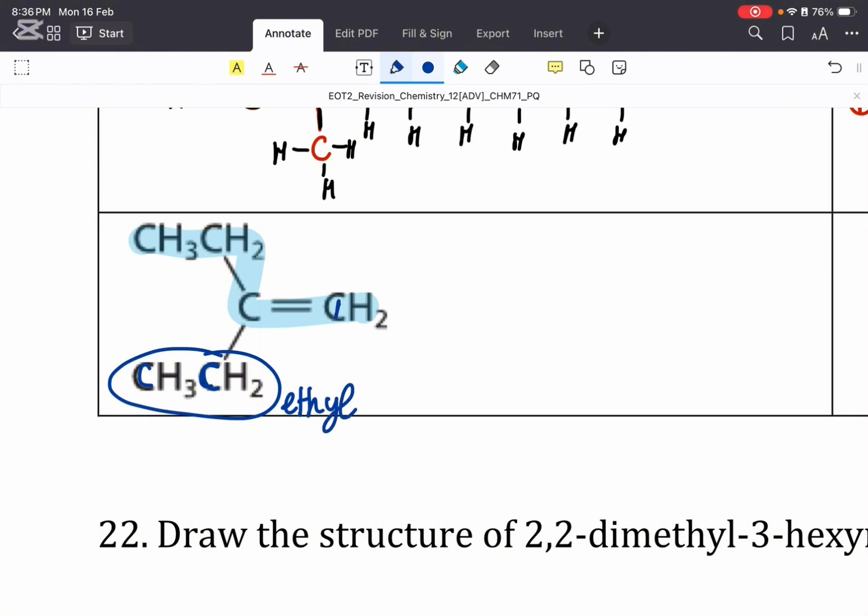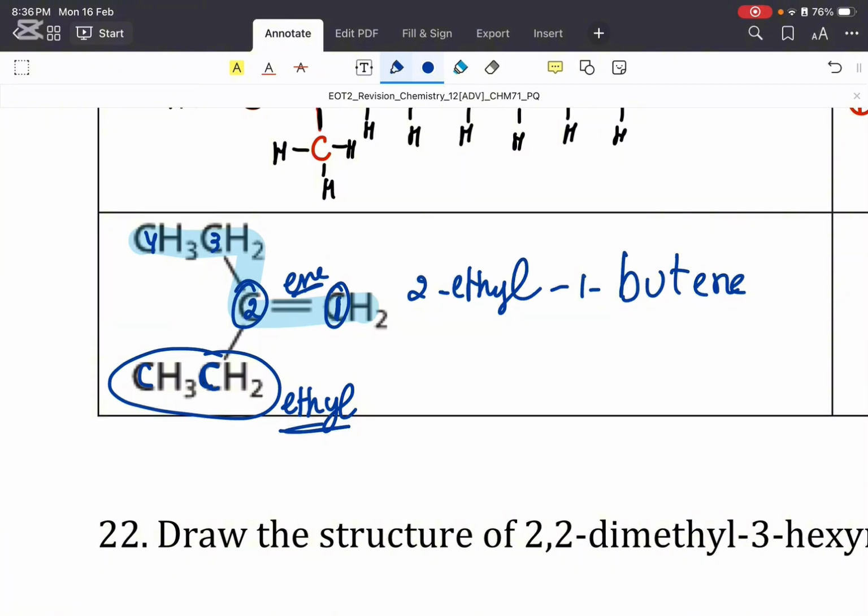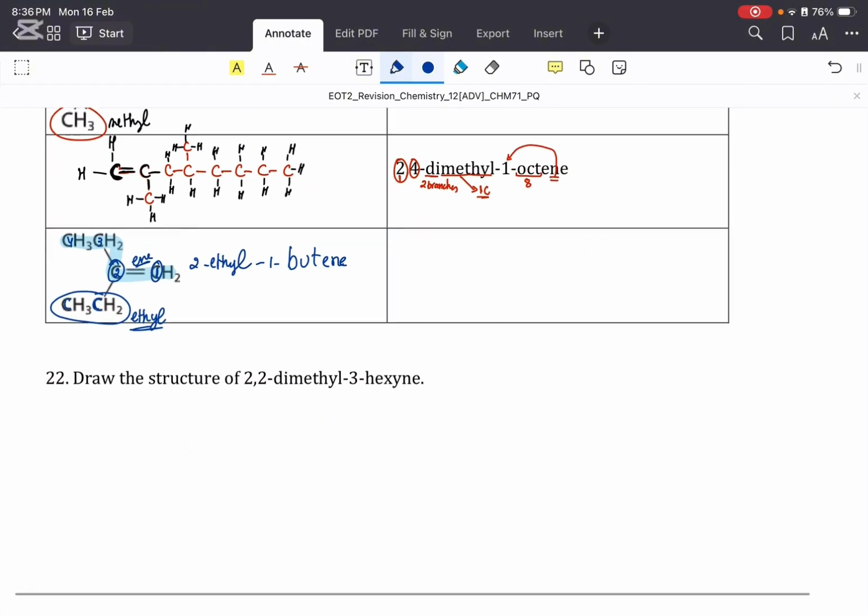Now I'm going to start counting from this side. 1, 2, 3, 4. I have 4 carbons, it means it's a bute. And I have a double bond, it means I have an ene. Where? It's on the first carbon. So 1-butene. And on the second, I have a branch called ethyl. So 2-ethyl, 1-butene.